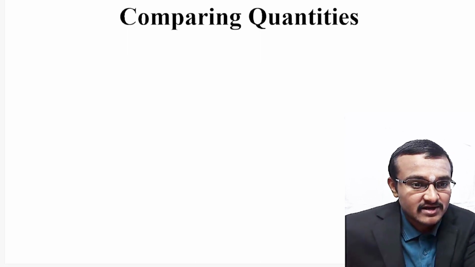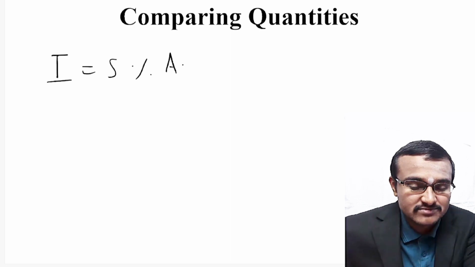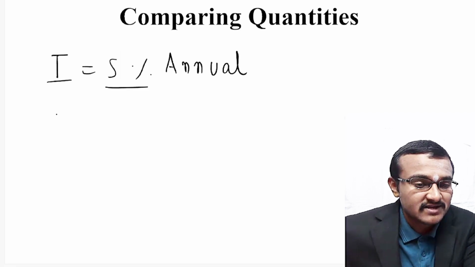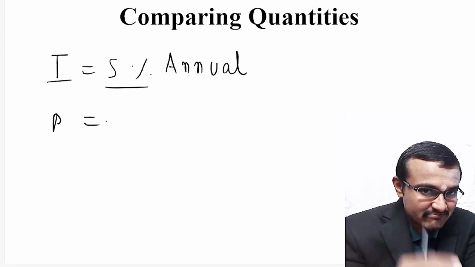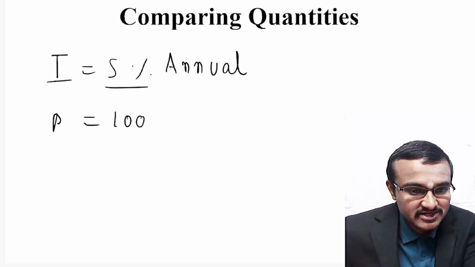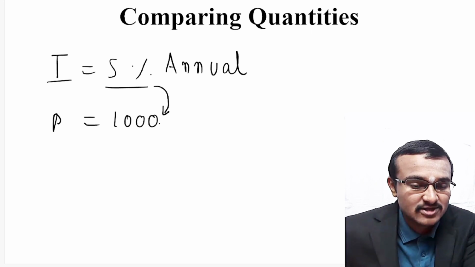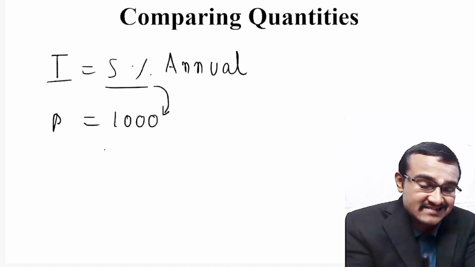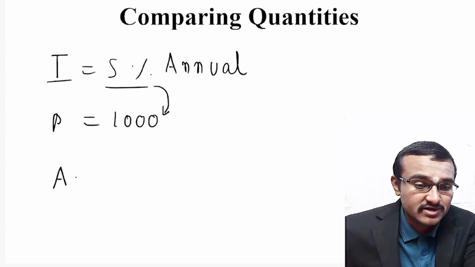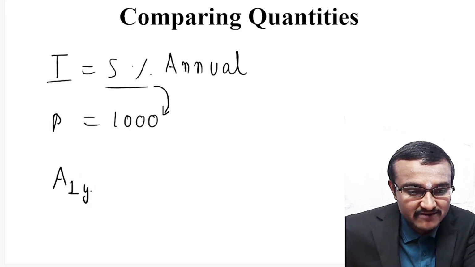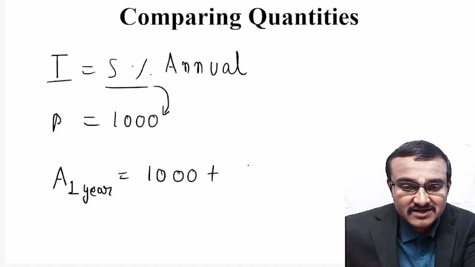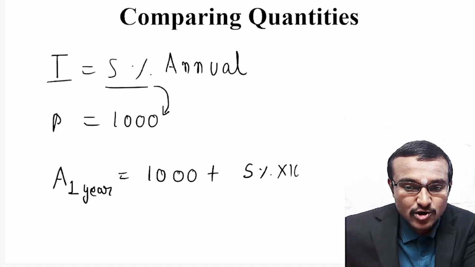So for example, if a bank is putting interest of 5% annually, and the principal amount which you are keeping in that bank is 1000 rupees, then after 1 year the total amount will be 1000 rupees plus 5% interest on 1000 rupees.